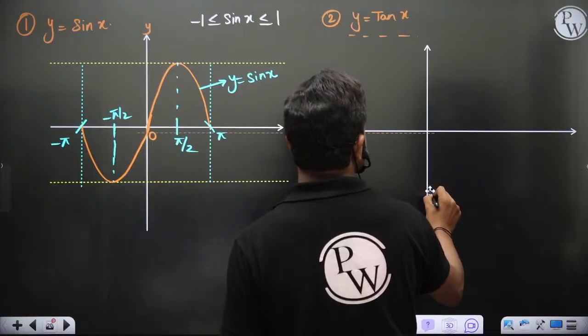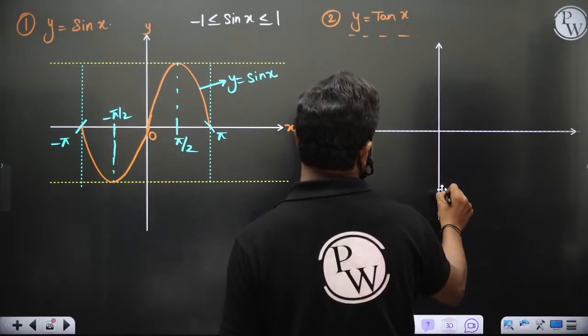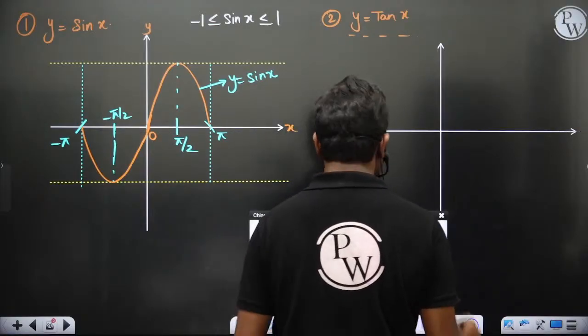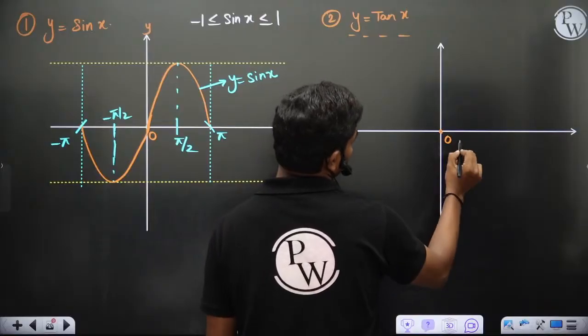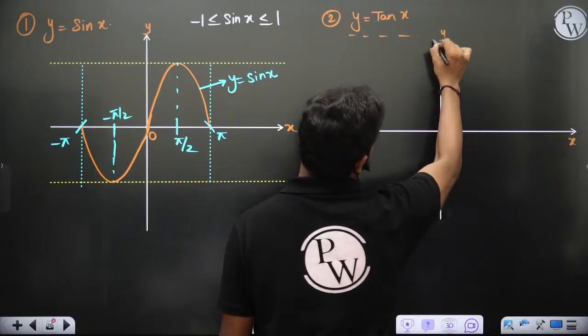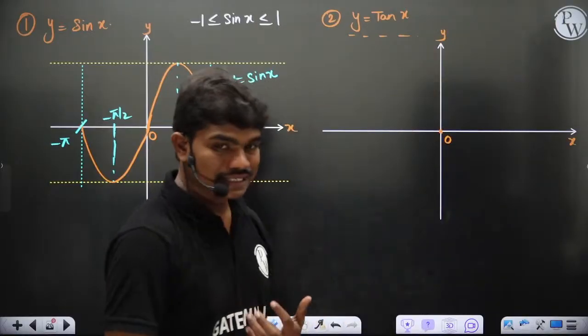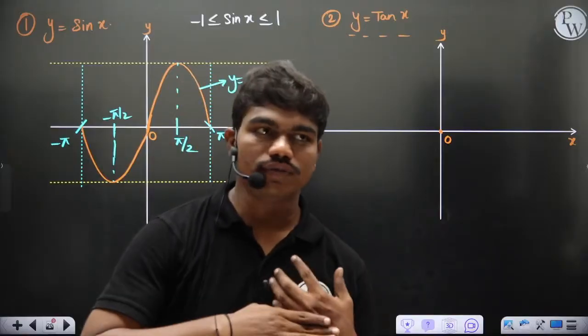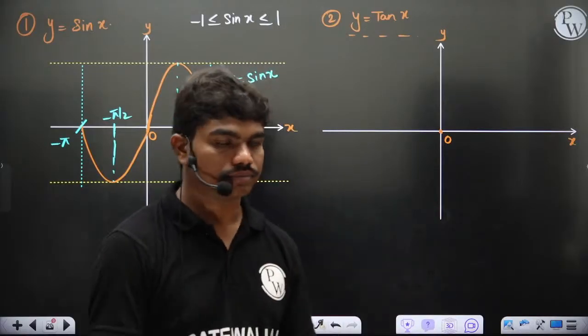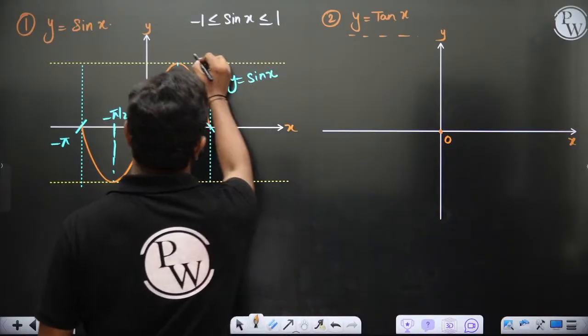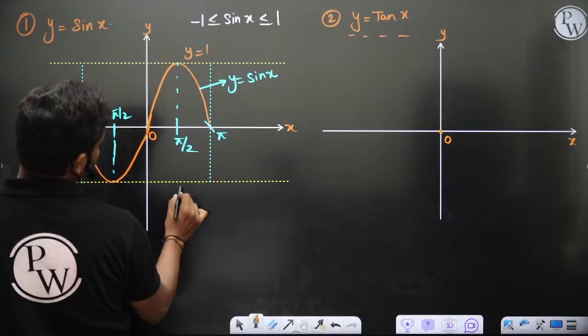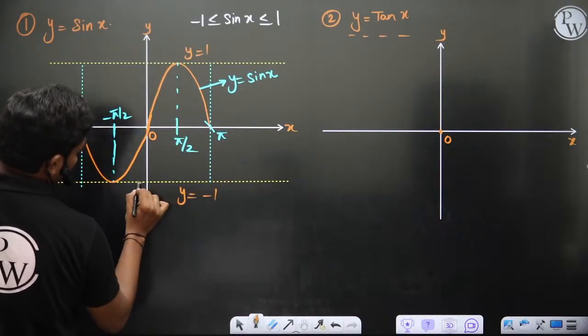This is the x and y axis, of course. First of all, are there any limits for tan x? No, obviously tan goes from minus infinity to infinity, so there is no bounding, like in this case where this is y equal to 1 and this is y equal to -1.